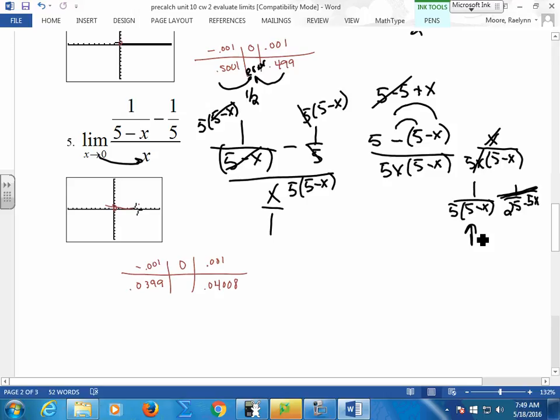So now, let's see if we can plug a 0 in here. So if I plug a 0 in for this, this gives me 5 times 5 minus 0 is 5. And this gives me my 0.04.